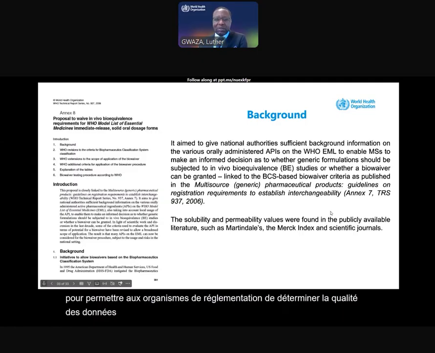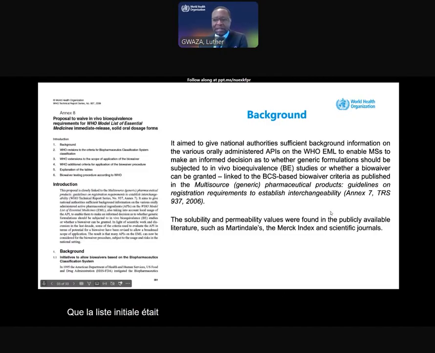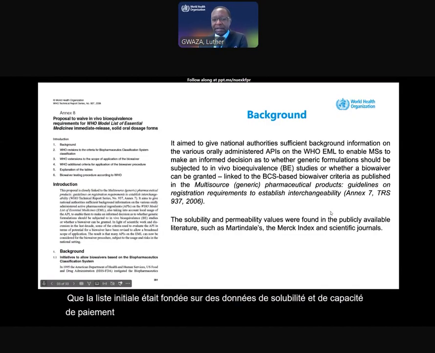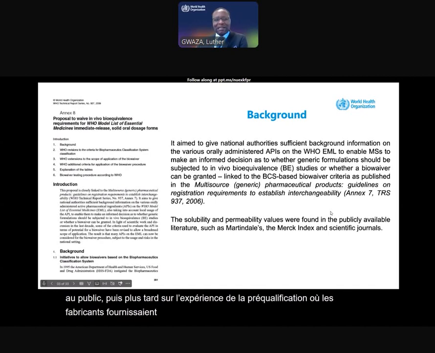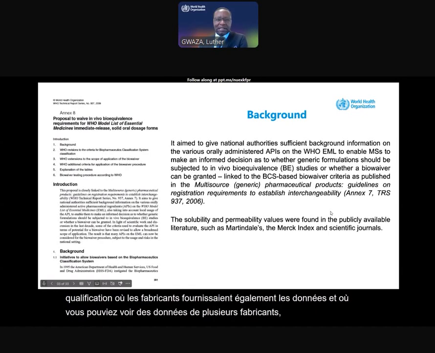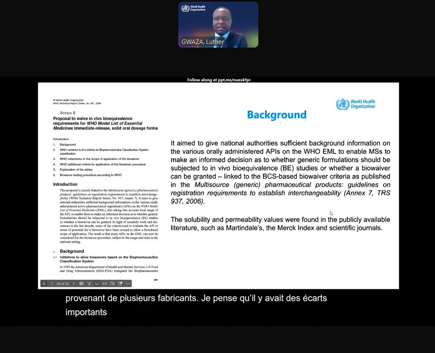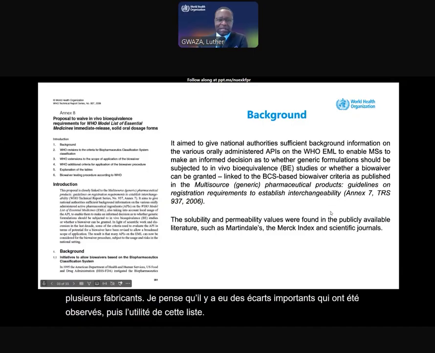And therefore, this is one of the issues that was picked, that the initial list was based on solubility and permeability data that was accessed from publicly available information. And then later on, through the experience from the pre-qualification, where manufacturers were actually providing the data as well, and you could see data from multiple manufacturers, I think there were significant discrepancies that were observed, and then the utility of this list was sort of questioned.